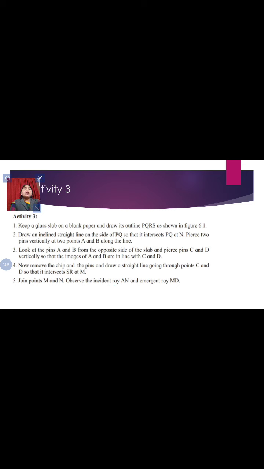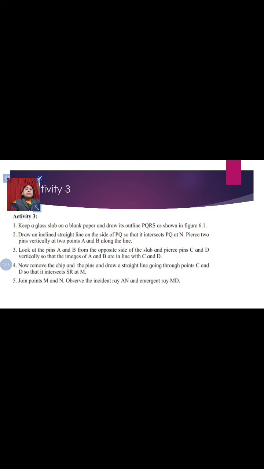Draw an inclined straight line on the side PQ so that it intersects PQ at N. Press two pins vertically at 2 points A and B along the line. Then look at the pins A and B from the opposite side of the slab.